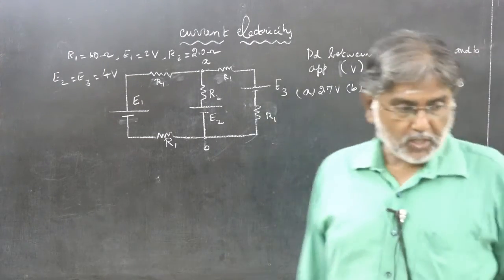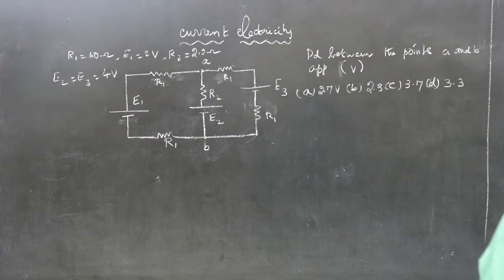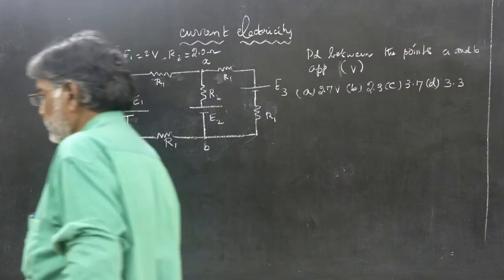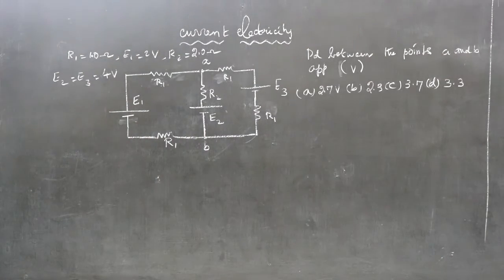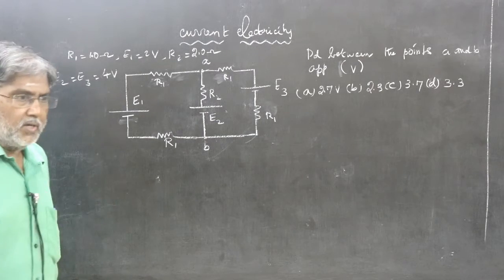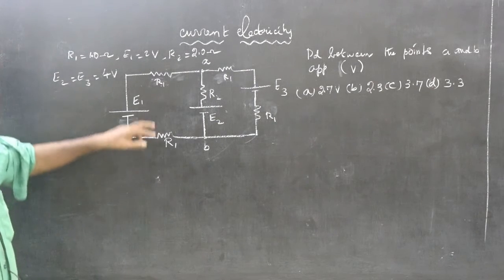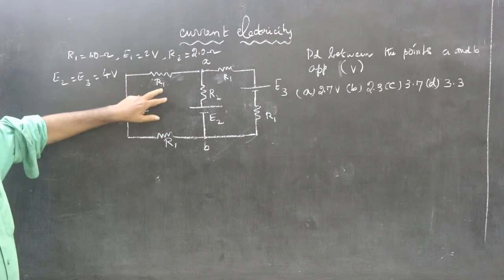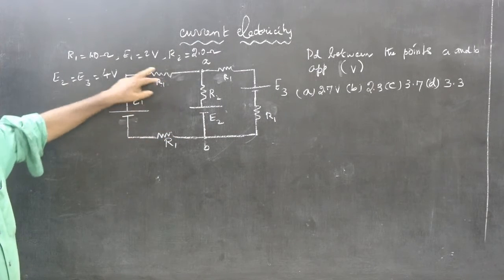So 4 options are given. We have to do this problem. So we will see the easiest method to do this. Easiest method. See here, this is R1, I am going to apply Kirchhoff's voltage law. This is R1, this is R1.